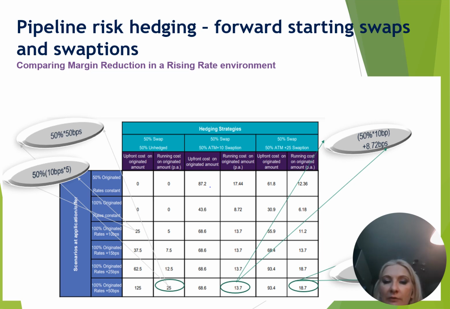This is why you have the same number here, 13.7, 13.7, 13.7, because only the 10 basis points above the strike matter. Above the strike of the option, exposure is already hedged through the exercised swaption, which means you are entering the swap. And then it becomes hedging of the residual portion of the pipeline.